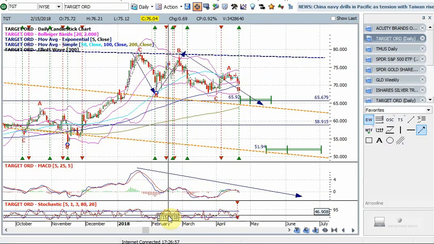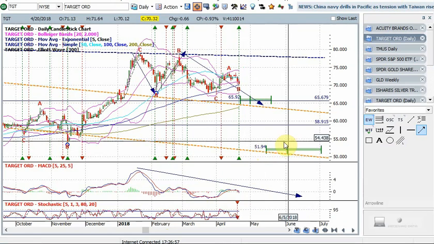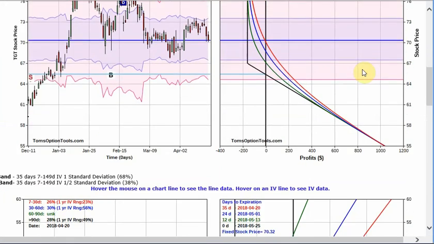Now, if it goes down to the $51, let's round that up to 52 by May, $52 would be way down there. So even at 55, we're over $1,000.